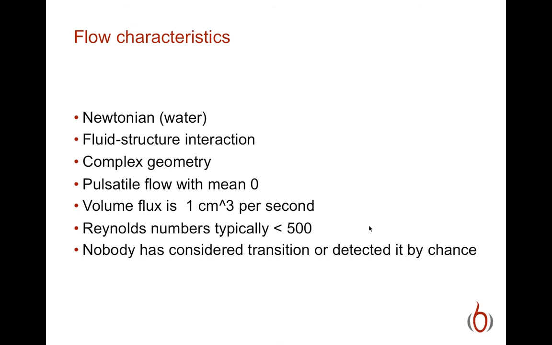About 1 cubic centimeter goes up and down every second, and the Reynolds number is typically smaller than 500, even smaller than that. So for that reason, nobody really has gone into the issue of whether there is transition because of this low Reynolds number, and nobody has detected it by chance either, I think.